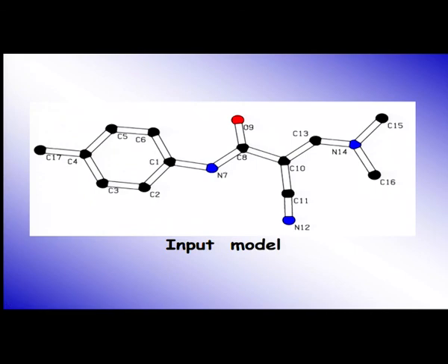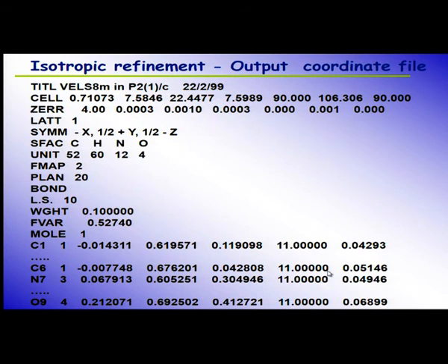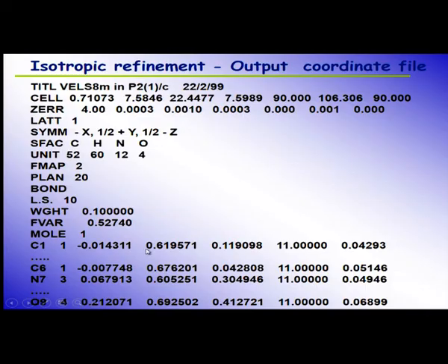Even though I gave 0.05, after refinement these values have come either below 0.05 or above 0.05. These positions, as I showed you, are slightly different from your earlier positions, which is known as adjustment of positions to get a better R factor.